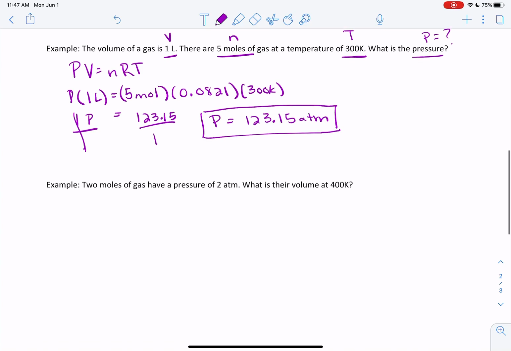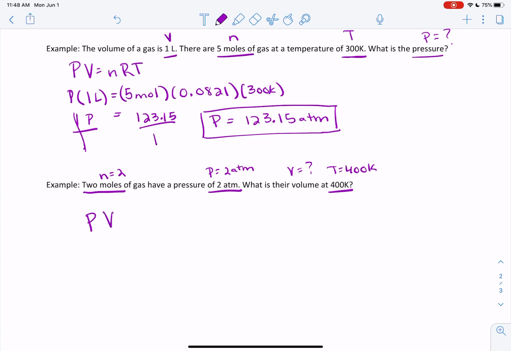Let's try one more. We have 2 moles of a gas at a pressure of 2 atmospheres. What is the volume at 400 Kelvin? So 2 moles, so we have n equals 2. And we have a pressure of 2 atmospheres, so P equals 2 atm. And the temperature is 400 Kelvin, and we're looking for the volume.